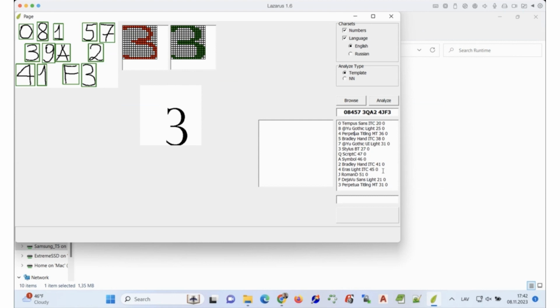Okay, so I switched to the chat. Is the result always correct?